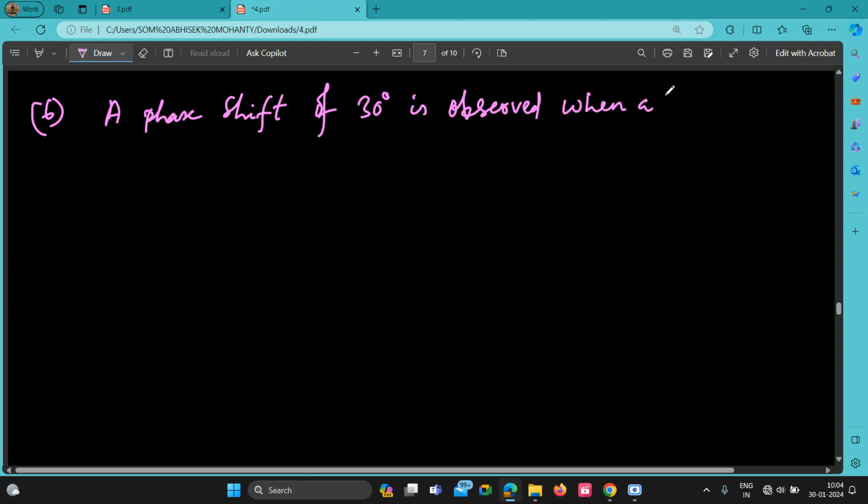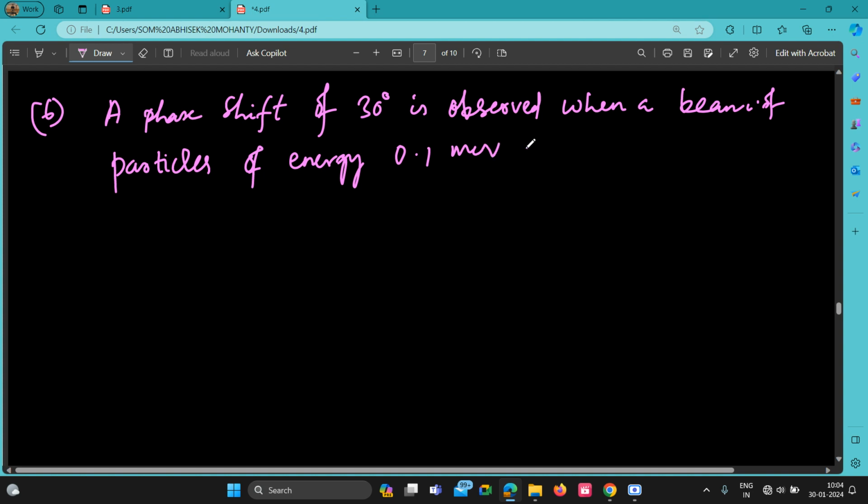A phase shift of 30 degree is observed when a beam of particles of energy 0.1 MeV is scattered by a target.